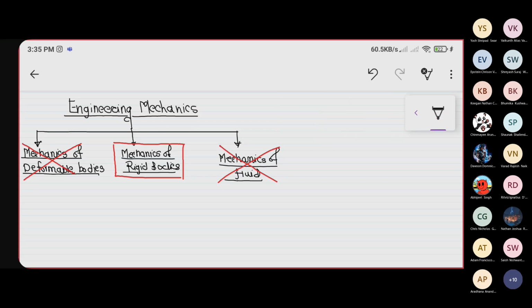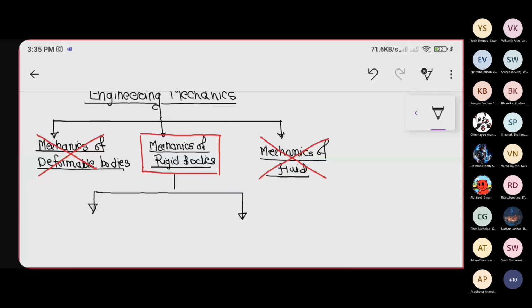So mechanics of rigid body is again divided into two parts. Deformable we are not going to study, fluid also we are not going to study. So the only matter is solid, and in that solid also, it should be rigid. That means it should not change its shape, size, dimension anyhow at any cost.